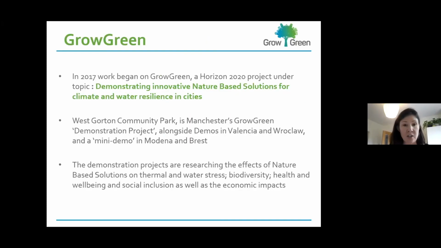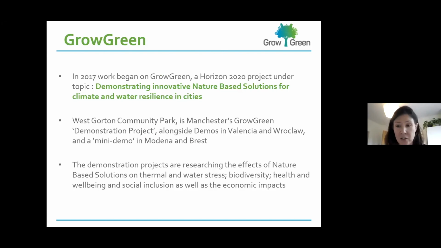So just to give you an idea about the Grow Green project, it's a 5-year Horizon 2020 project under the topic demonstrating innovative nature-based solutions for climate and water resilience in cities, and it started in 2017. So West Gorton Community Park in Manchester is the park that I'm going to talk to you about.